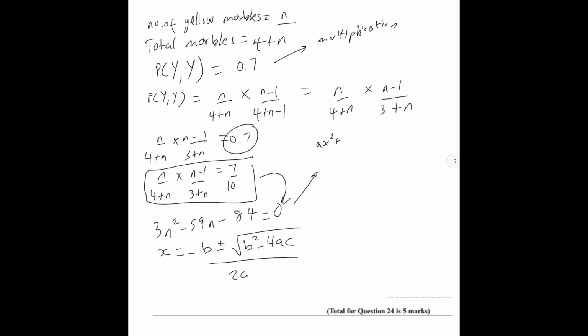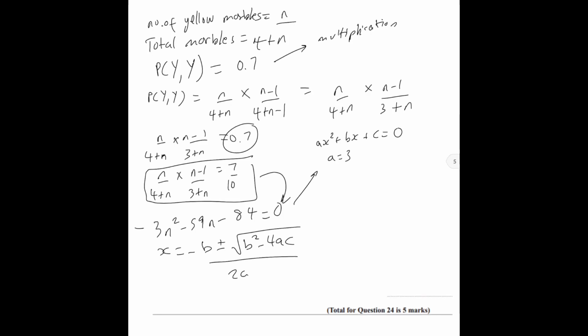It's based on the quadratic equation ax squared plus bx plus c is equal to 0. So the a here is 3, the b here is minus 59, and the c here is minus 84.